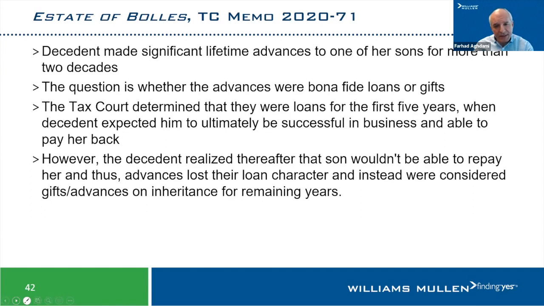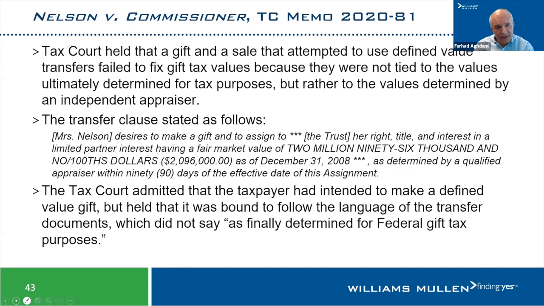The next case is the Nelson case, and the headline is that the defined value clause doesn't work, but I think there's actually a lot of good stuff in this case.